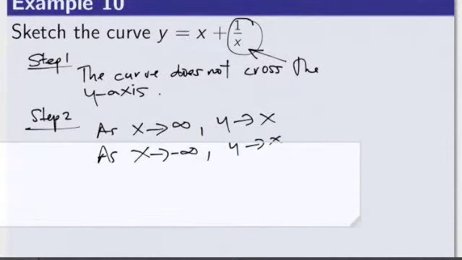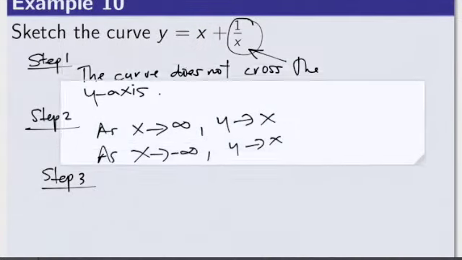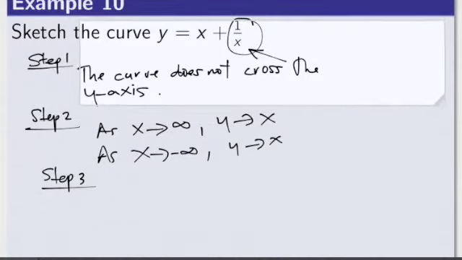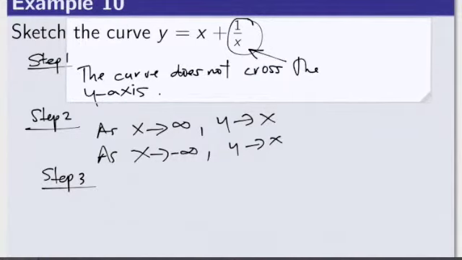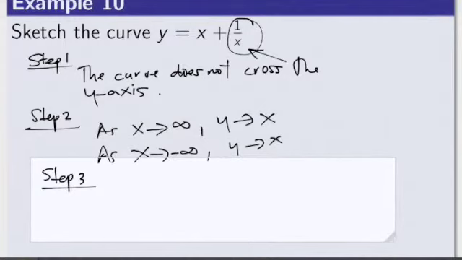Step 3, we want to determine any asymptotes. To determine the asymptotes, we look at values of x which make y undefined. So clearly x equal to 0 makes y undefined. So let's see what happens when x is a small positive number, epsilon.